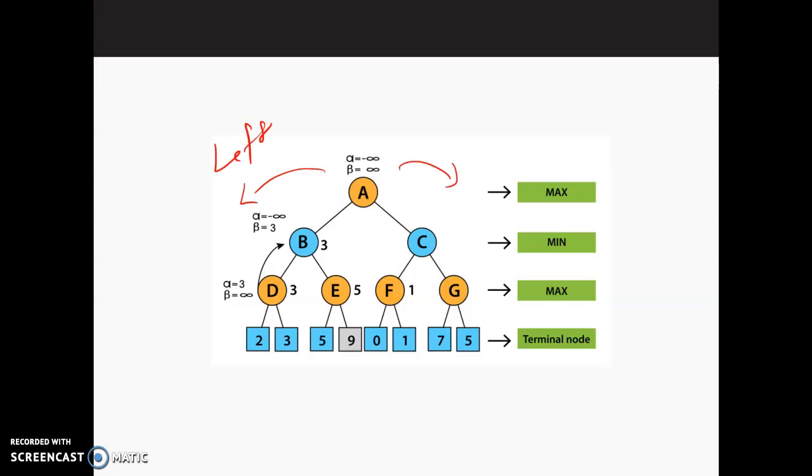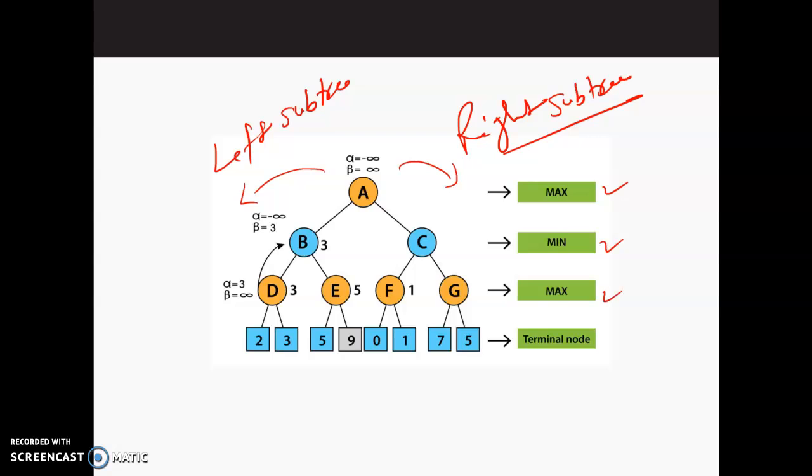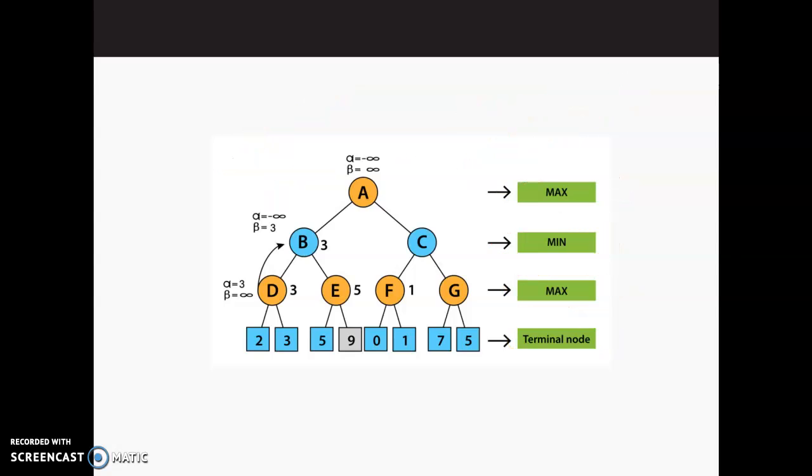So this is the left subtree, and this side is known as the right subtree. Another important thing you need to keep in mind is that max, min, max indicates max player turn, min player turn, max player turn, and the last is the terminal node. So this max and min indicates the max and min player turns.